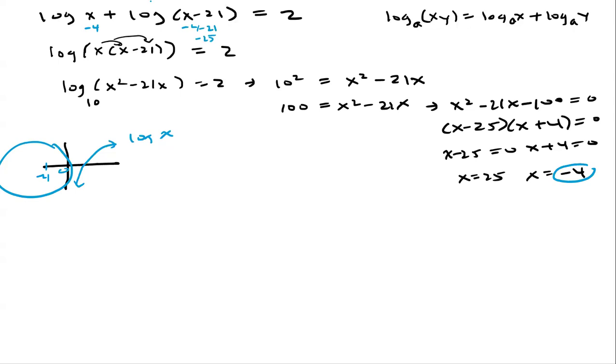So again, it won't work. We can't take a log of a negative number based off of this equation, or based off of this particular log function. Okay, so in this case, this one we throw out, and our answer would be 25.